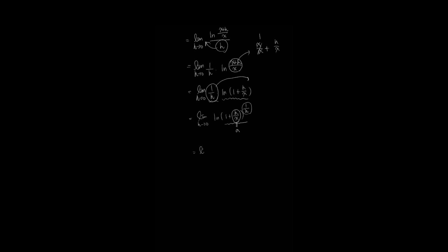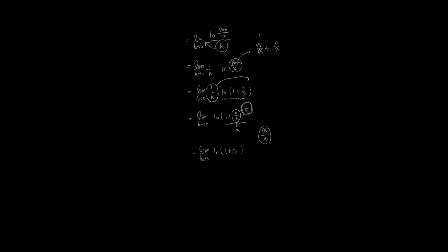So it's going to be something like limit h goes to 0 and ln of 1 plus a, and the reverse of a would be x divided by h, right? And what we have here is 1 divided by h.